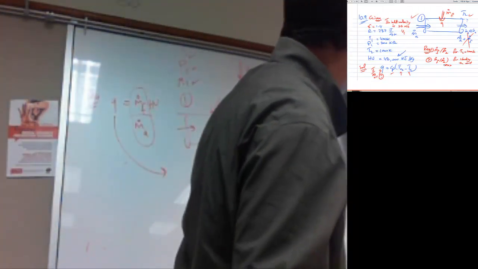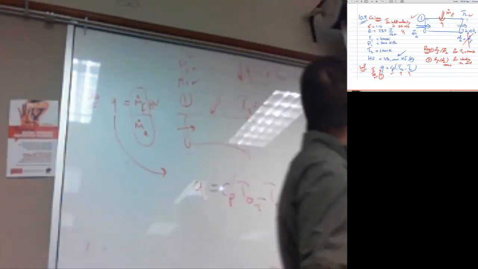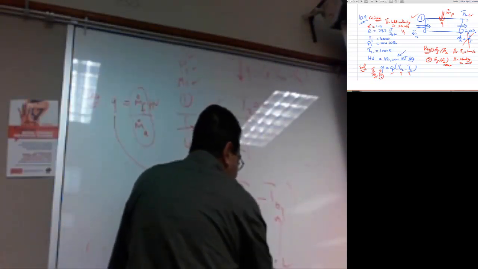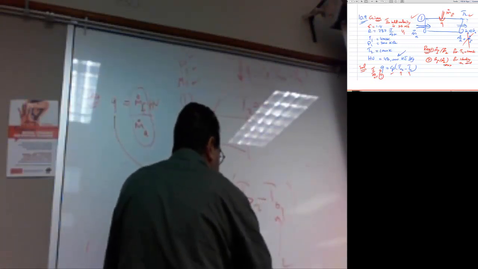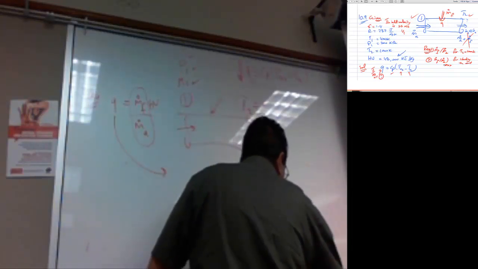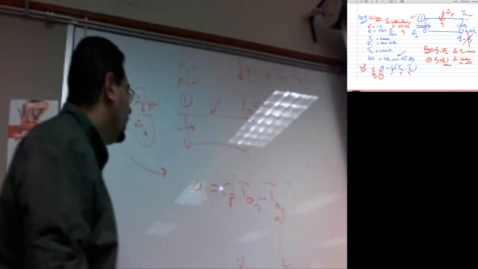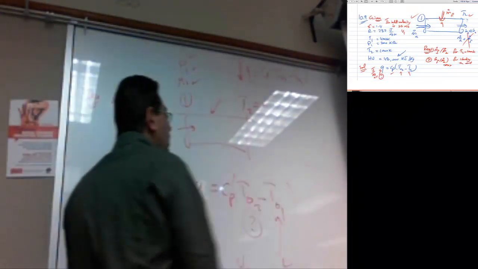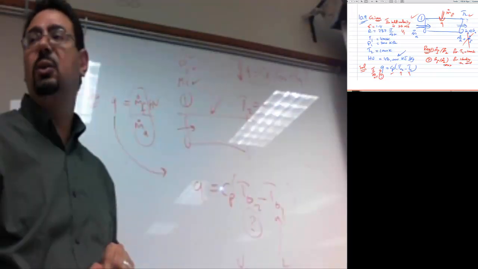Where is M1? It's kind of given because we have V1 and T1. Of course, we can get M1 from V1 and T1, and from having M1 and T1, we can get T naught 1. So obviously what's standing between me and the Q is the T naught 2. Can anyone help me get T naught 2?